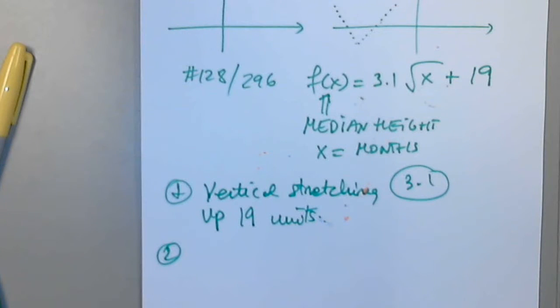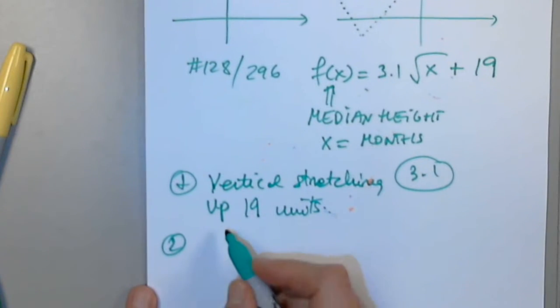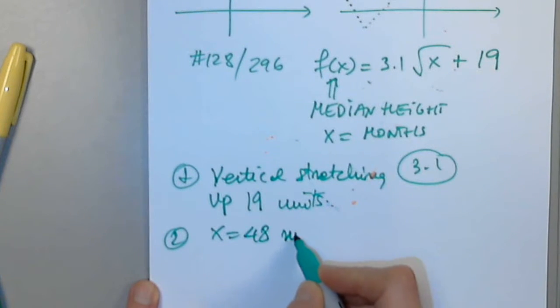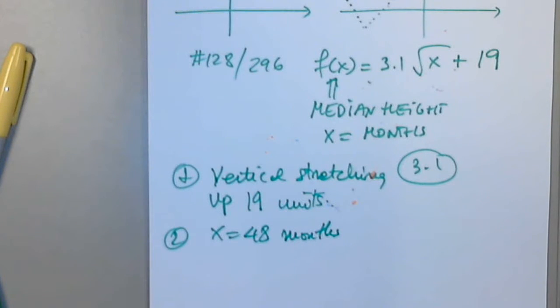According to the model, what is the median height of girls who are 48 months or 4 years old? So when x equals 48 months, how do I determine the median height? Simply plug in 48 for x. So y equals 3.1 times the square root of x, and outside plus 19.